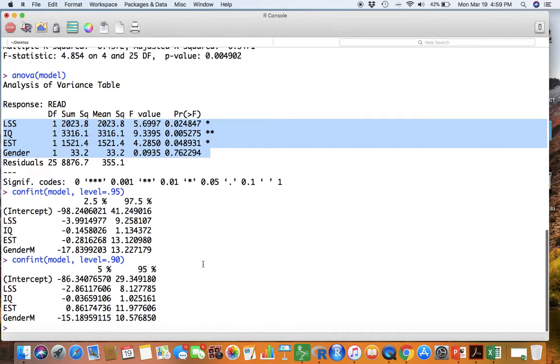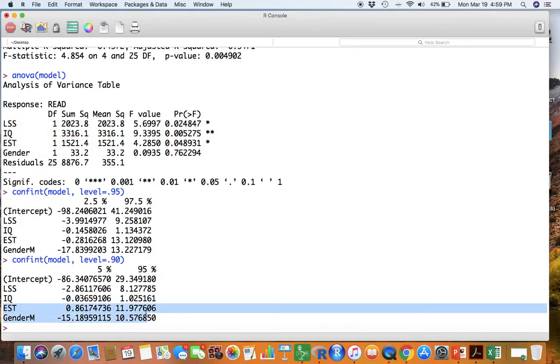So we can see at the 0.90 level that we get a confidence interval that doesn't contain 0. Because the confidence level was 0.90, this tells us that EST is statistically significant at the 0.10 level. So that's the way that we get the confidence intervals, which is something that you would report when reporting multiple regression in ed research.